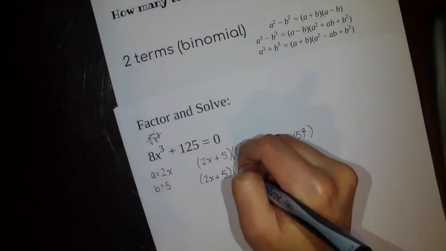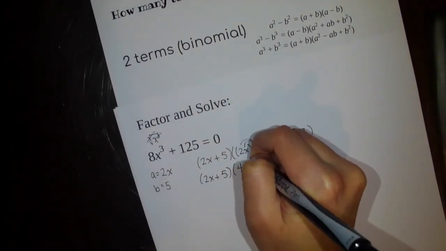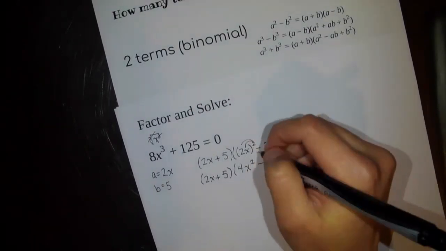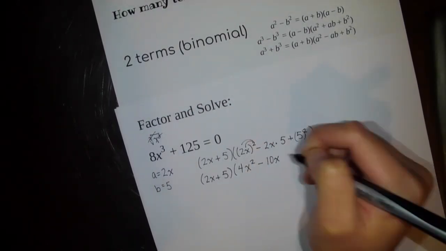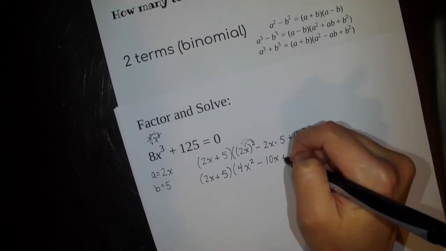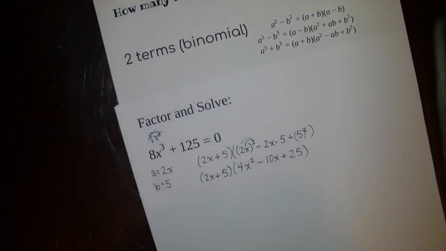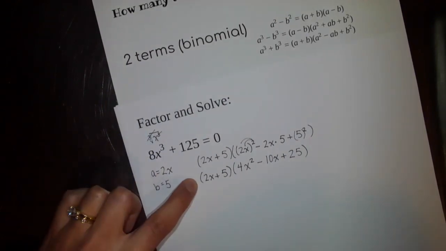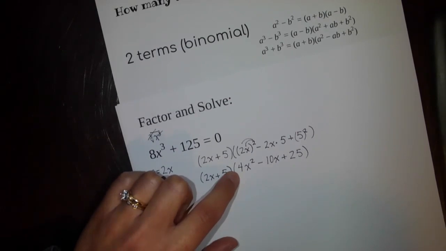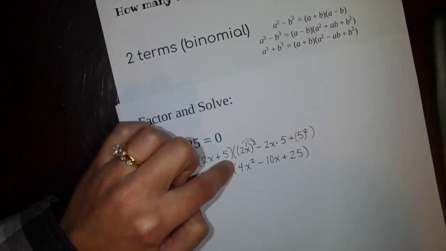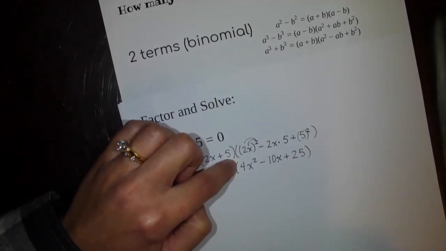So 2 squared is 4x squared, minus 2 times 5 is 10x, and then 5 squared is 25. Okay, so this is it completely factored. I'm all done factoring at this point. I do have a trinomial, but after we use this formula, this will not factor any further.